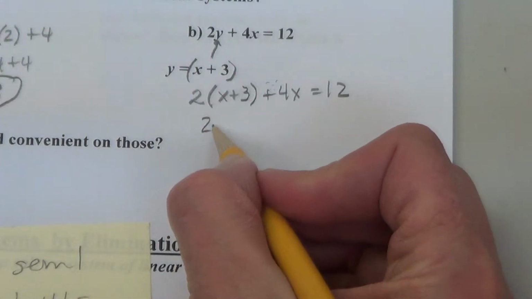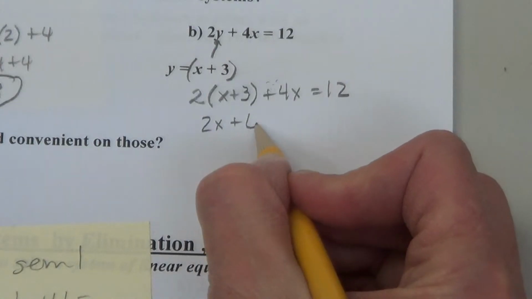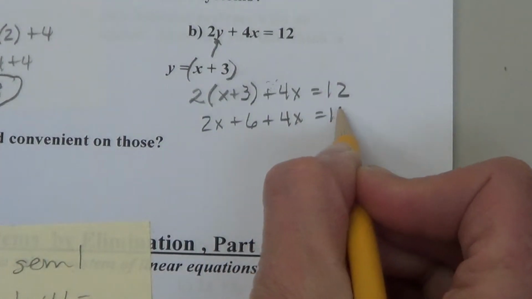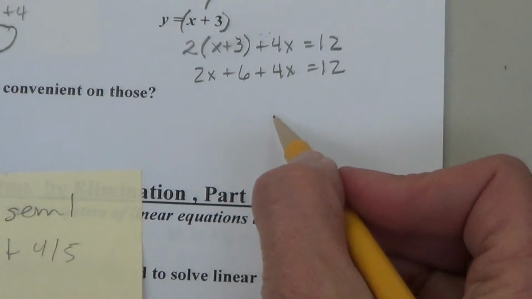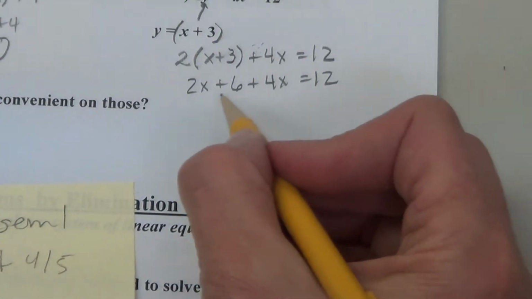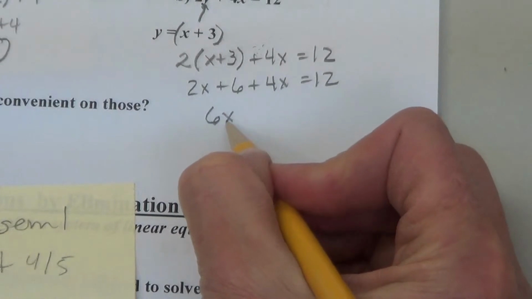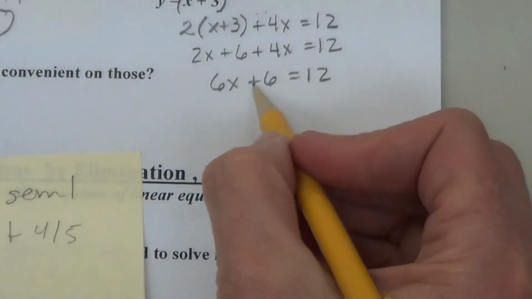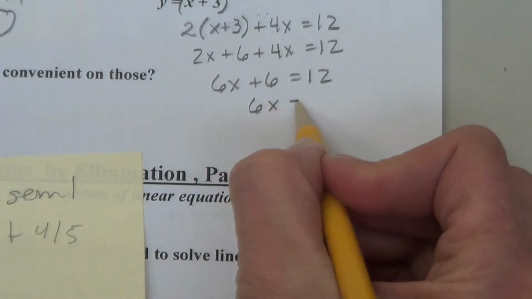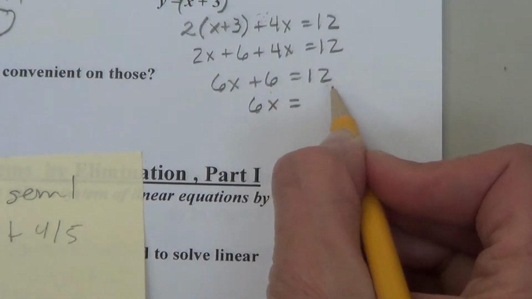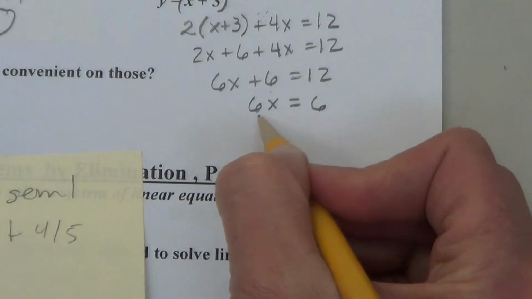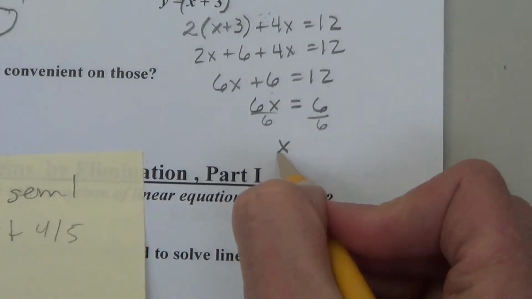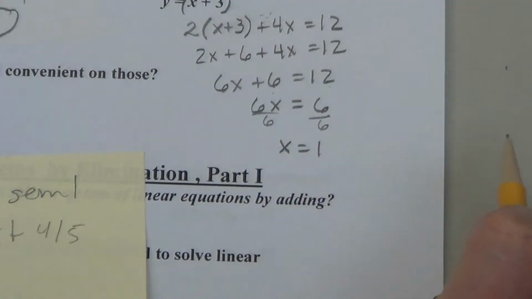I have 2x plus 6 plus 4x equals 12. Now I combine my x values. 2x plus 4x is 6x plus 6 equals 12. 6x equals, I subtract 6 from each side, so I get 6. Now I divide each side by 6, and I get x equals 1.